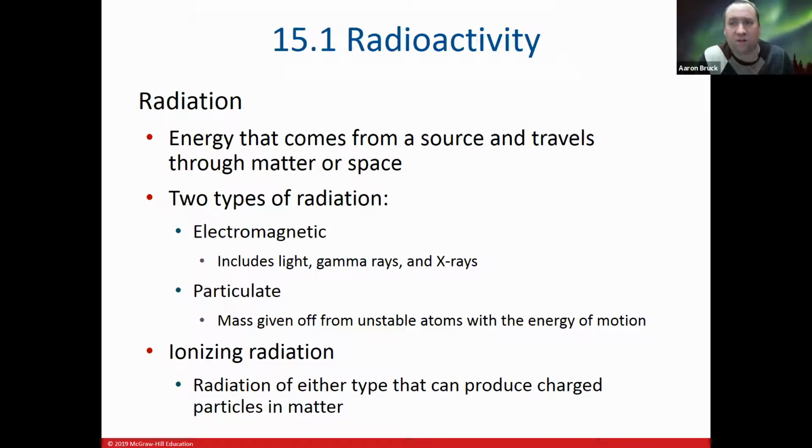Now, there's one other term that we need to discuss in here, and it's the idea of an ionizing radiation. Ionizing radiation takes place when we have radiation of either type that when it encounters other material will cause that other material to ionize. That is, form charged particles.